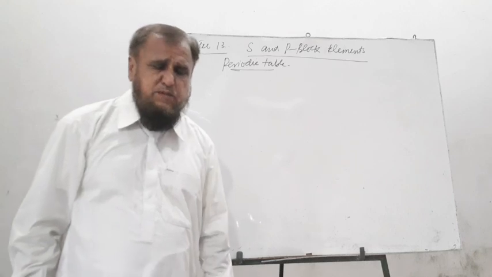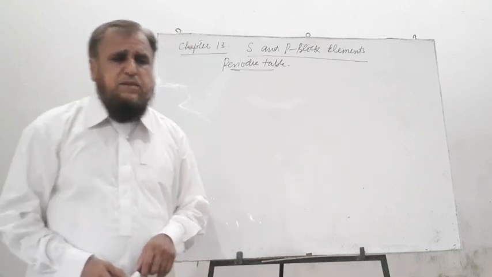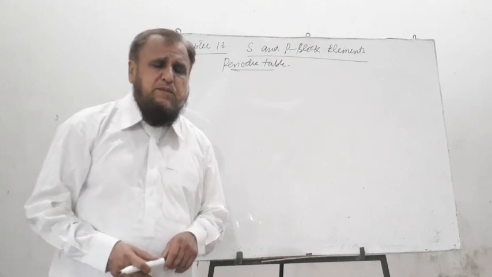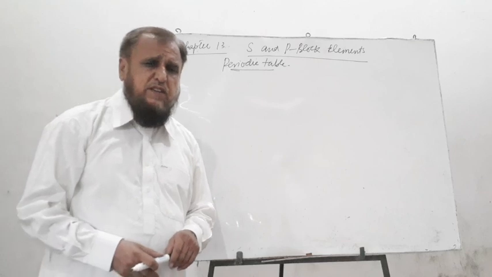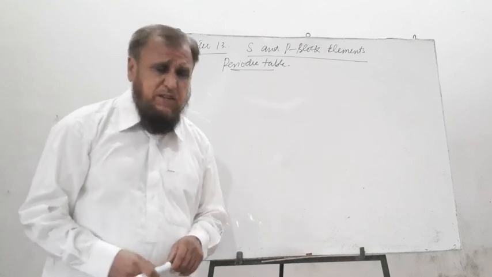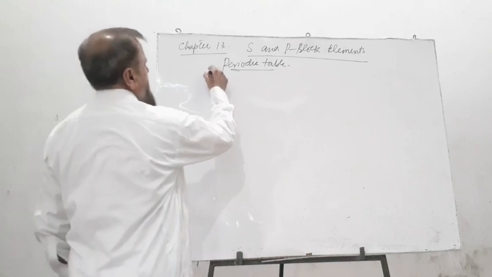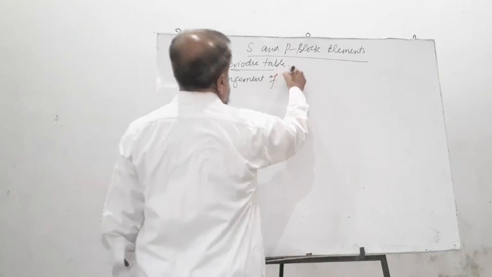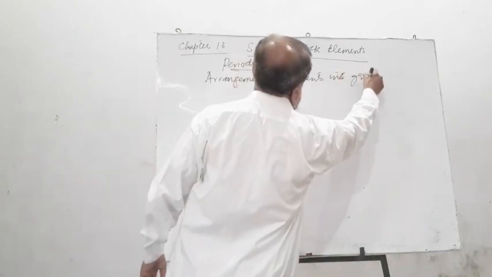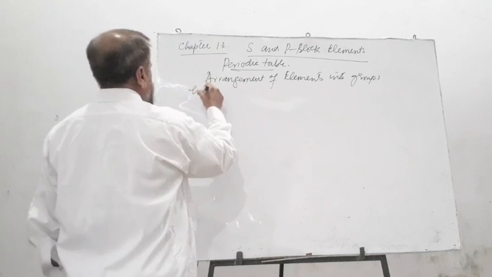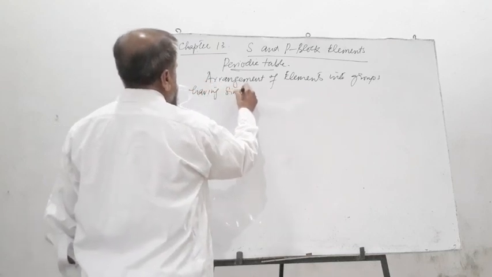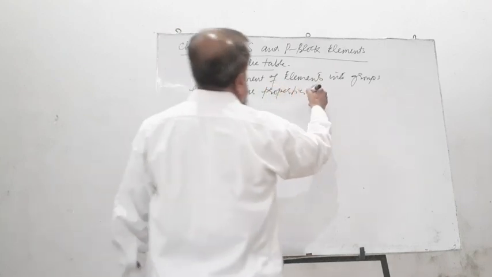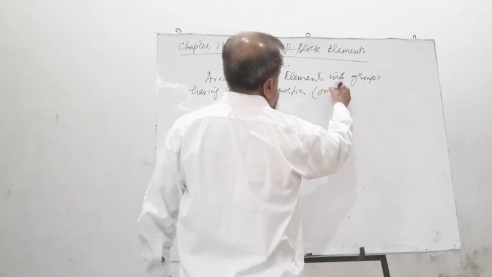The periodic table is the arrangement of elements on the basis of similar properties into groups, and this arrangement has been done on the basis of atomic weight and then nowadays on the basis of atomic number.